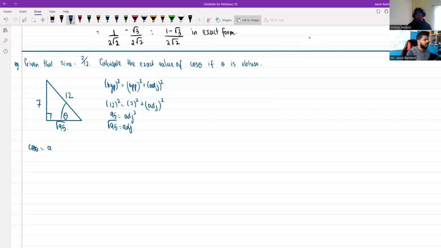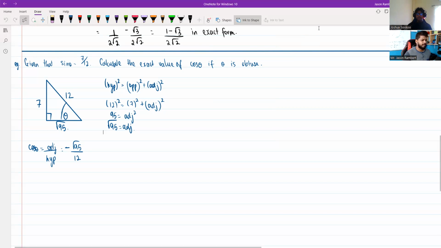Cosine of theta is adjacent over hypotenuse, which is root 95 over 12. But theta lies in the second quadrant, and cosine is negative in the second quadrant. And that's it. I expressed cosine theta exactly: cosine theta is negative root 95 on 12.